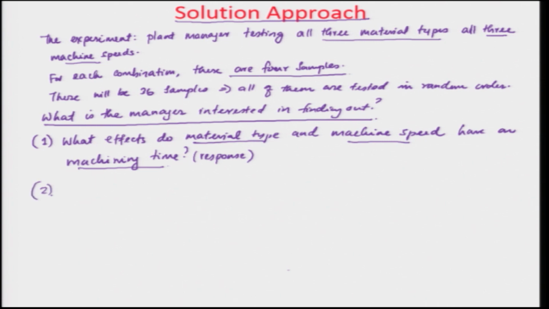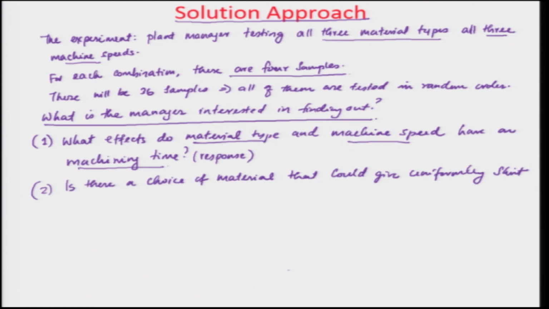Second part is he might also be interested in finding out whether there is a choice of material that could give uniformly short machining time regardless of machine speed. So, what is he interested in doing here?